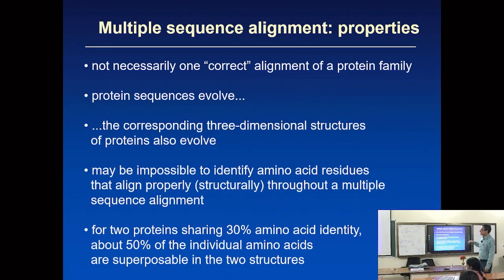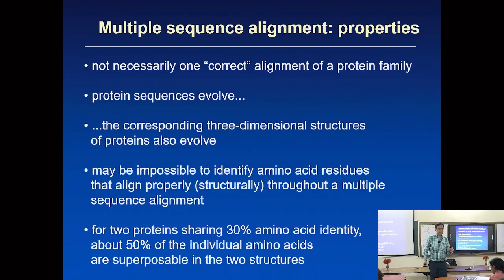So for two proteins sharing 30% amino acid identity, about 50% of the residues would be superimposable in their structures. What does this indicate? At the sequence level 30% identity, at the structure level 50% identity.